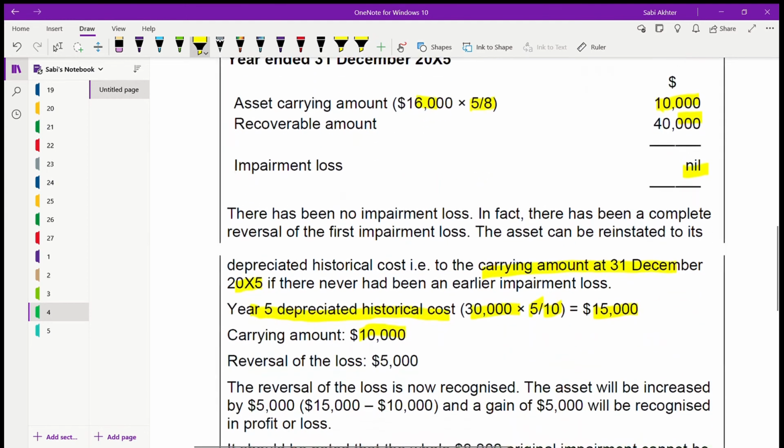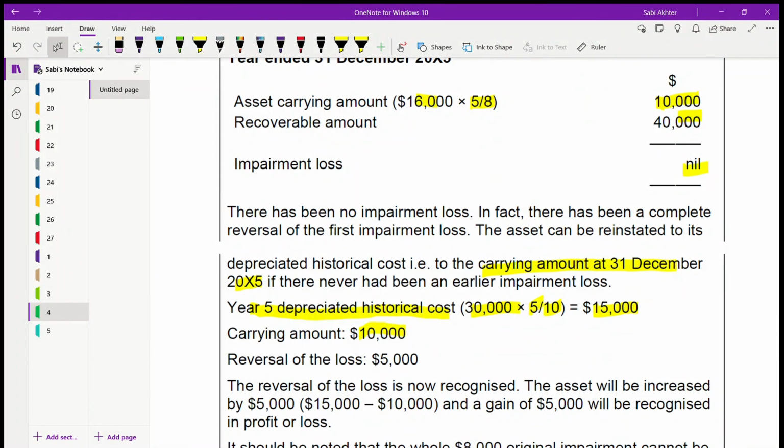So carrying amount is 10,000, and depreciated historical cost is 15,000. So it's 5,000 you need to reverse, the difference between these two. The reversal of the loss is now recognized. The asset will be increased by 5,000, and again, 5,000 will be recognized in profit and loss.